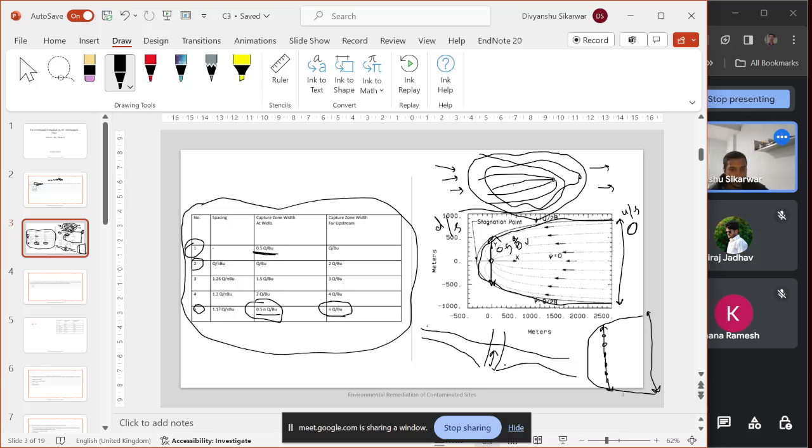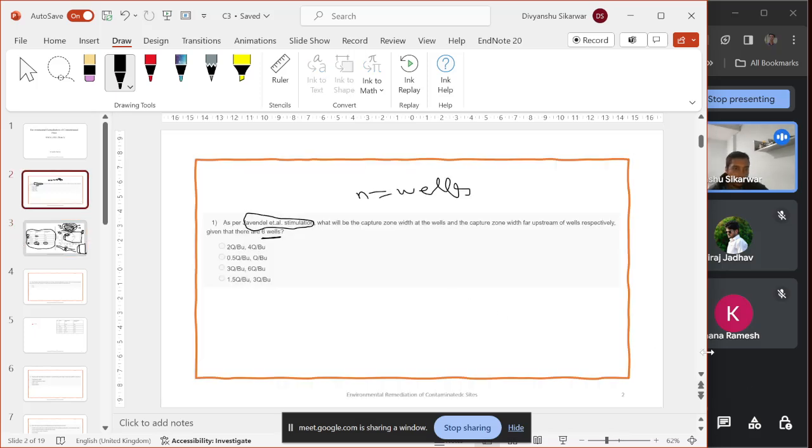Were you able to calculate? You can say the answer, or you can also type in the chat box, comment box.